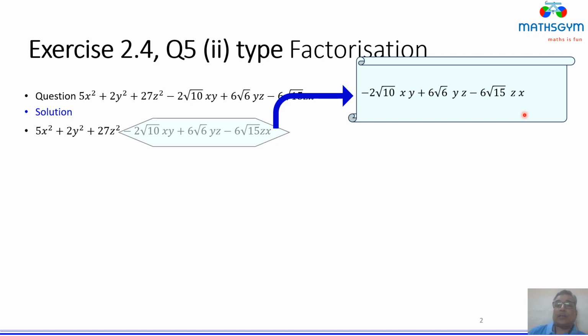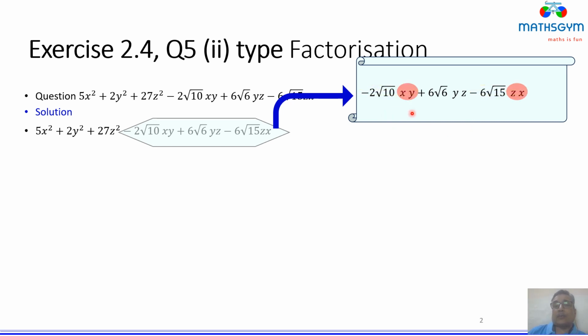Pay attention. We are looking at two terms in this expression which are negative: minus 2 root 10 xy and minus 6 root 15 zx. The middle term, 6 root 6 yz, is positive.